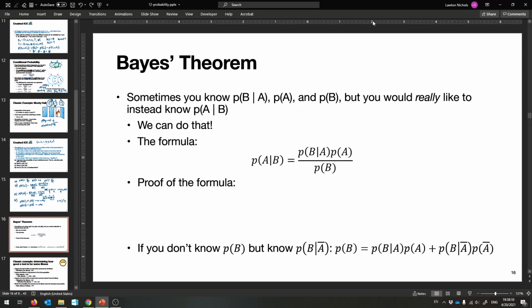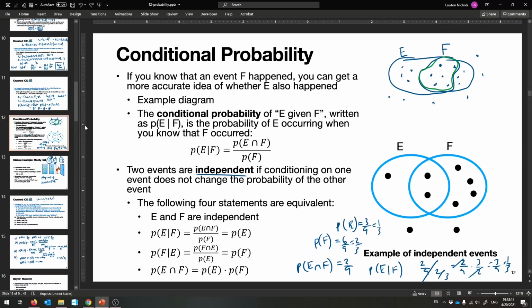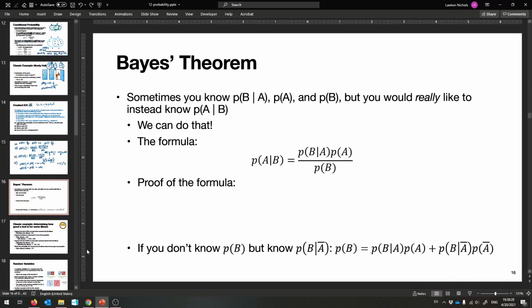It's really not a hard proof, because this is how the conditional probability gets made, right? P of E given F is equal to P of E intersect F over P of F. So remember this.